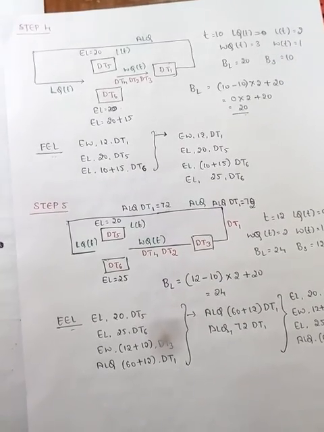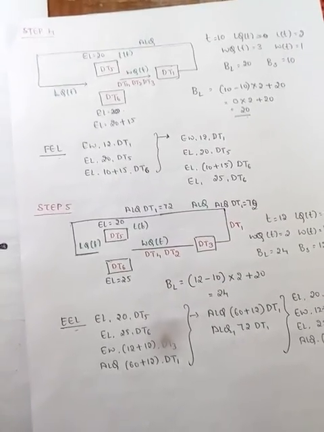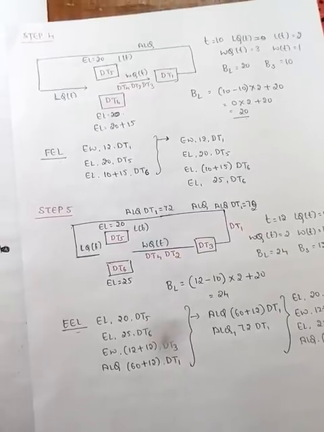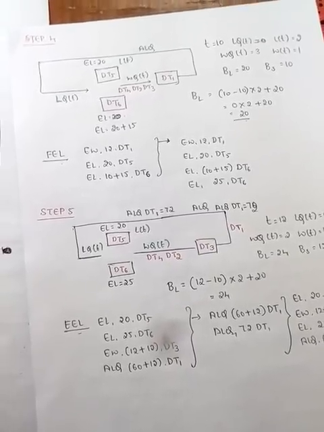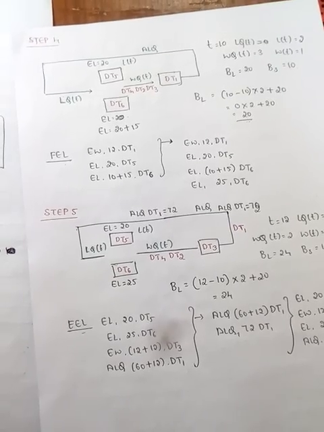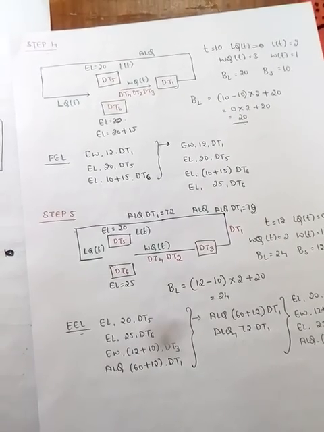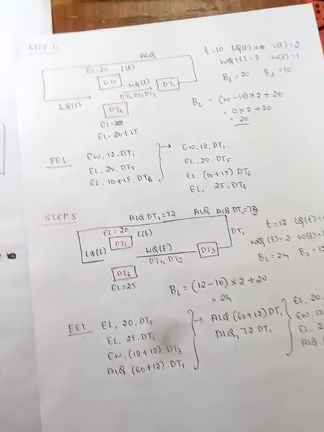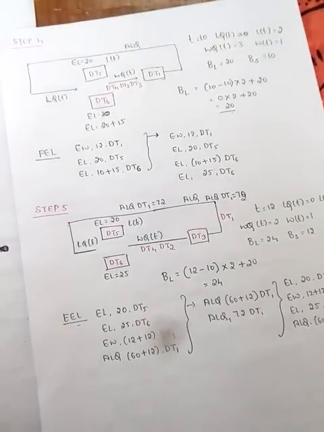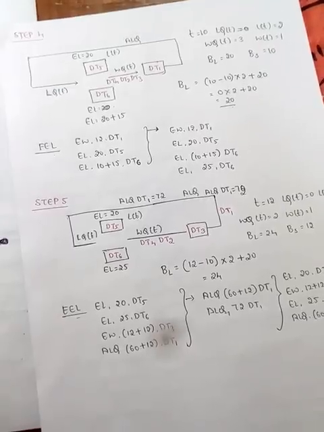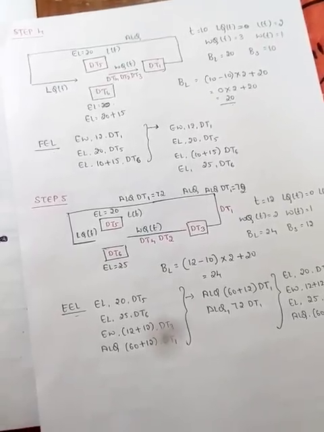Now I am going to write my future event list for the step 4 process. EW, 12, DT1. Now the next truck is DT5: EL, 20, DT5. Next is my DT6: EL, 10 plus 15, DT6.